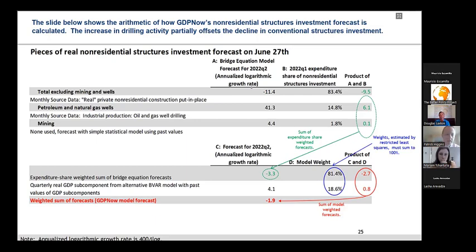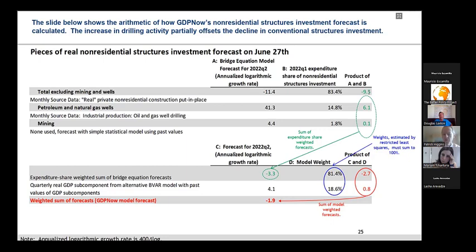So for that, we just use an auto regression, which most of the time does a reasonable enough job. There's one example where it doesn't, which I'll show you, but you just use an AR model to forecast that, and essentially to get the forecast for the subcomponents, just take these expenditure shares and multiply them by their forecast using the source data of GDP that's either released or forecasted, essentially, when you don't have the months.